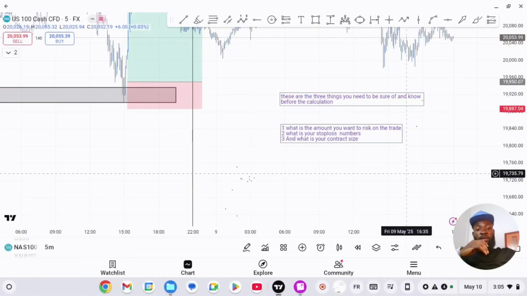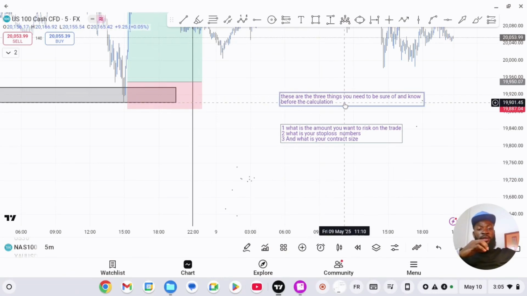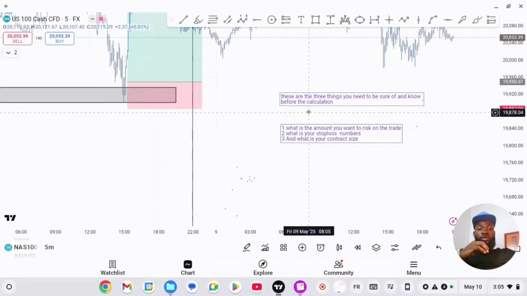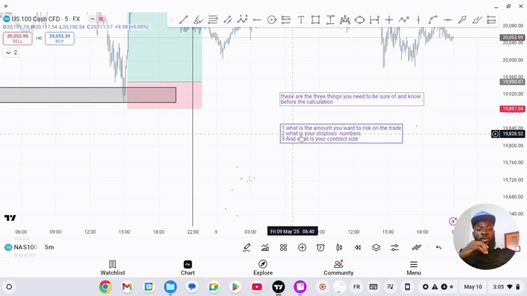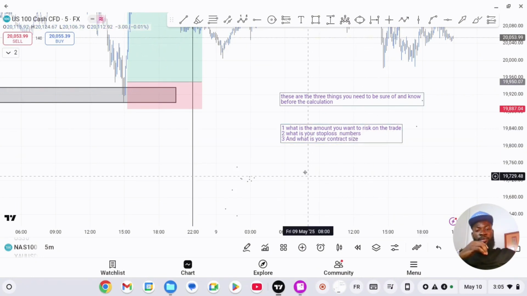Now, there are three things you need to know before you calculate. These are the three things you need to be sure of before the calculation, right? Firstly, what is the amount you want to risk on the trade?